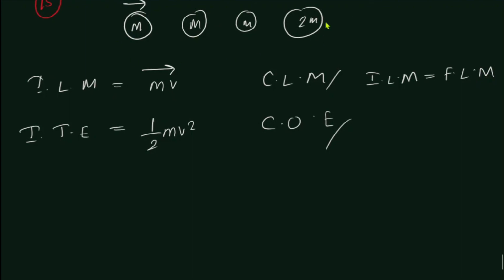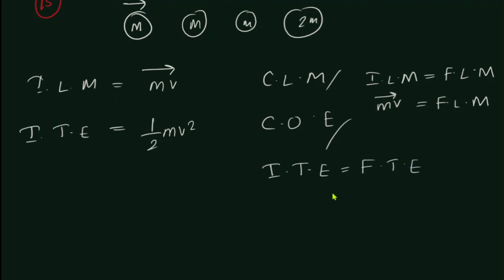The initial linear momentum is mv in this direction, which means that after all the objects collide with each other, finally the linear momentum of the system should also be mv in this direction. Conservation of energy means the initial total energy should be equal to the final total energy.